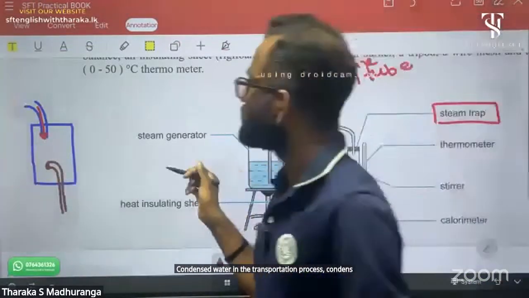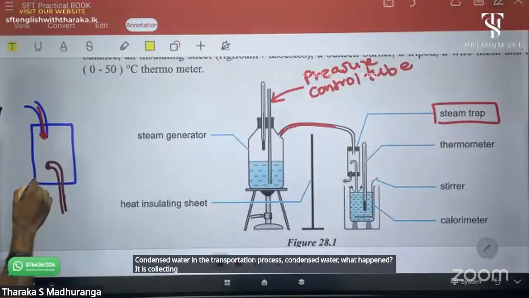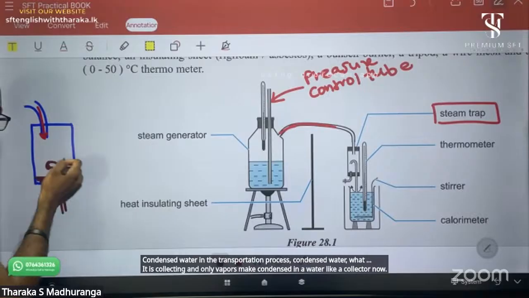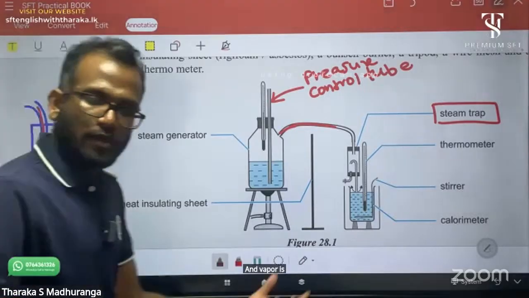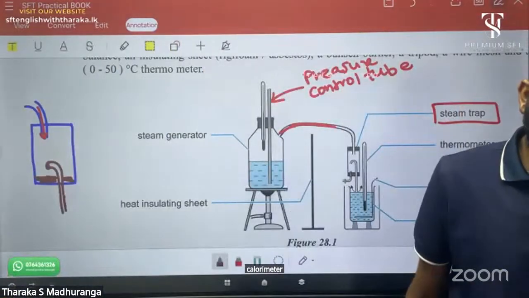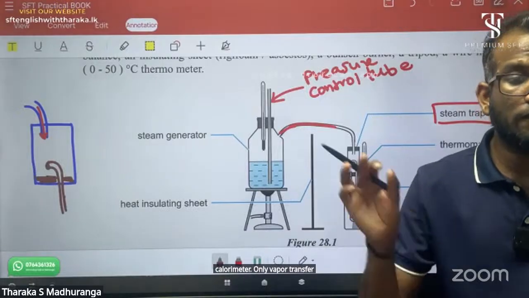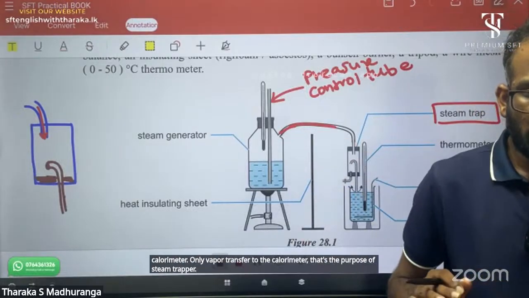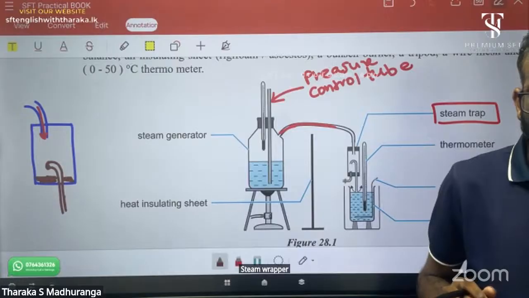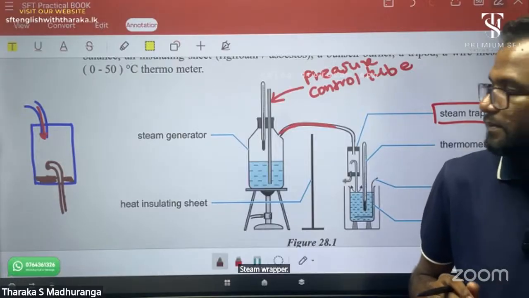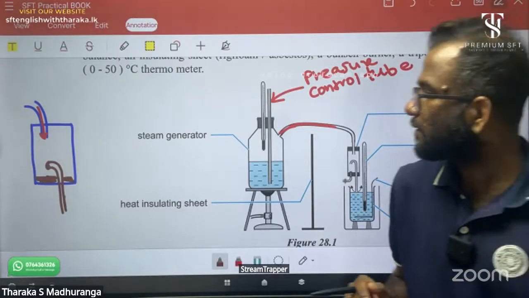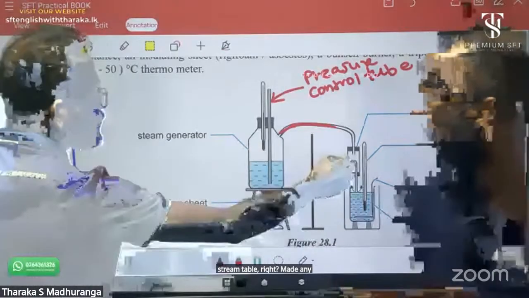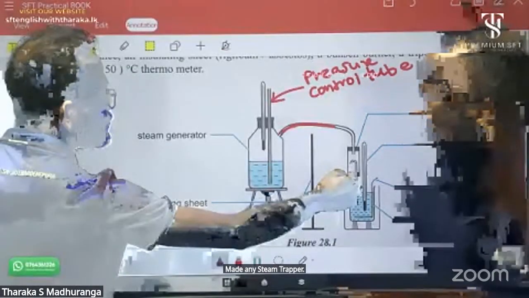It collects, and only vapor is transferred to the calorimeter. That's the purpose of the steam trapper. Only vapor is provided to the calorimeter without condensed water.